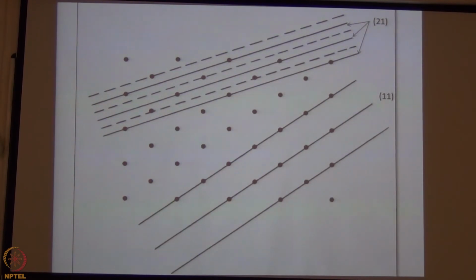Look at the 2, 1 set of planes. Start here. From there, I am passing through the midpoint of that axis and going to the next corner. So this is a 2, 1 plane. A similar 2, 1 plane is from here going to that. If you consider this as your image cell, this is the second lattice point, you go there. So these dark lines are the 2, 1 set of planes.